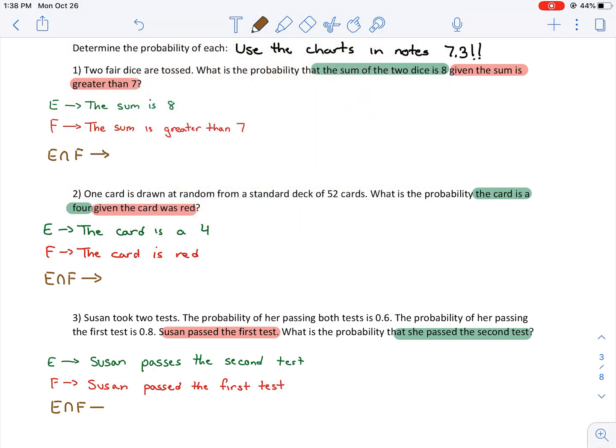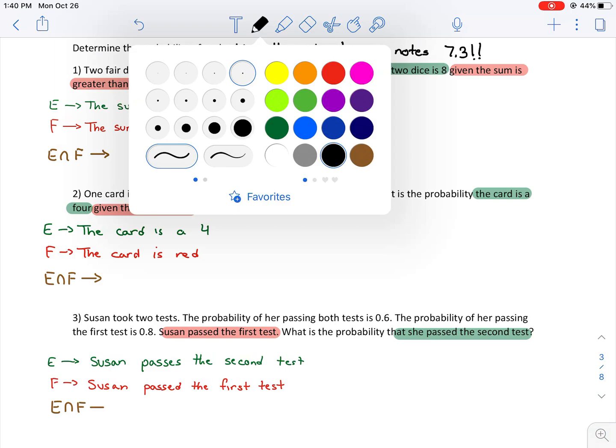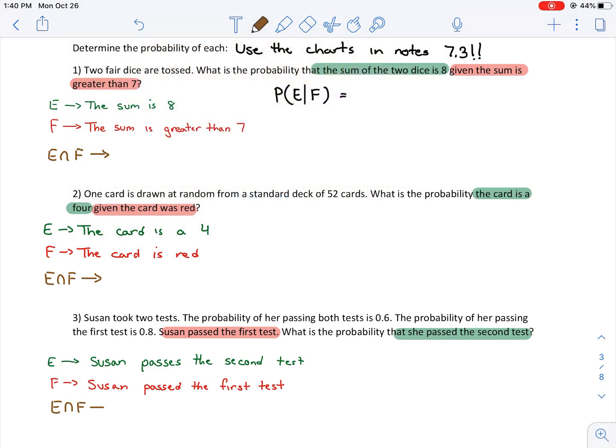So in the previous video, I already identified event E and event F, because we want to figure out the probability of E given F. Now we need to know what is E and F. Well, that is the sum is 8 and the sum is greater than 7.